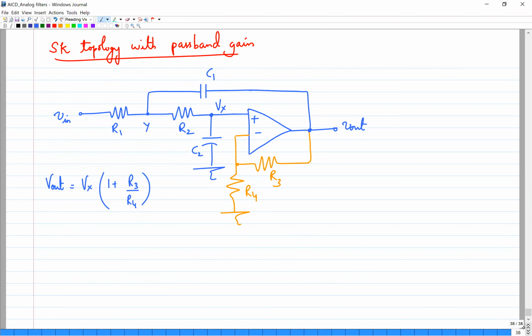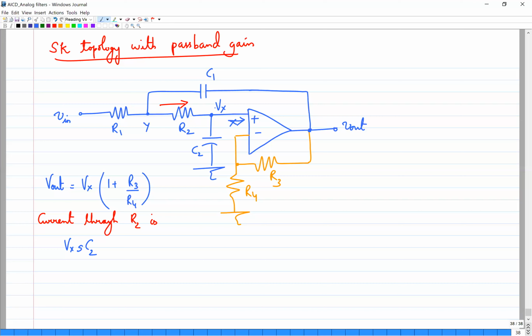Now let us analyze the circuit completely. If I write the current through R2, same as before, it is the same as the current through C2 because there is no current flowing into the op-amp input.